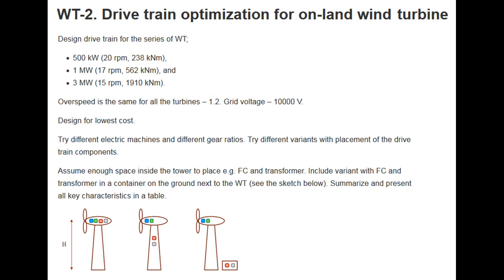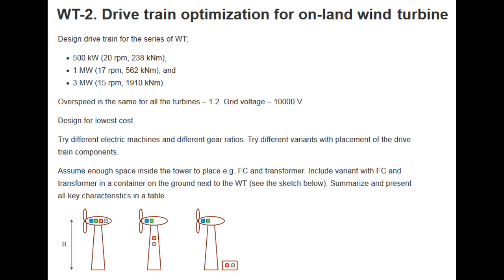So we have the freedom to play with the electric machine types and different gearbox types and ratios. So for each of the turbines we can experiment with the placement of our equipment in the tower, by the tower.